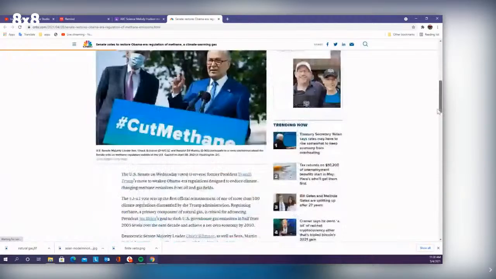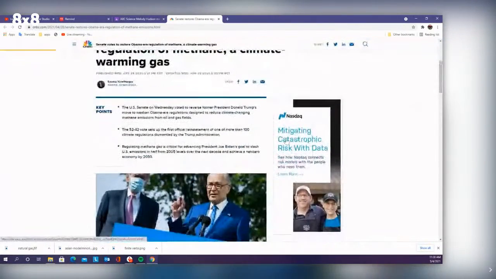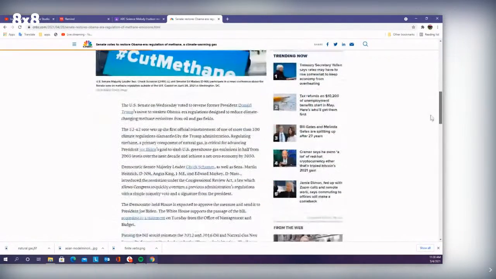Last week, I believe, April 28th, the Senate voted to reverse the former president's move to weaken Obama era regulations designed to reduce climate changing methane emissions from oil and gas fields. And they believe that it's critical for the president's goal to slash US emissions in half over the next decade and then none at all by 2050. So, yes, we are concerned about methane.